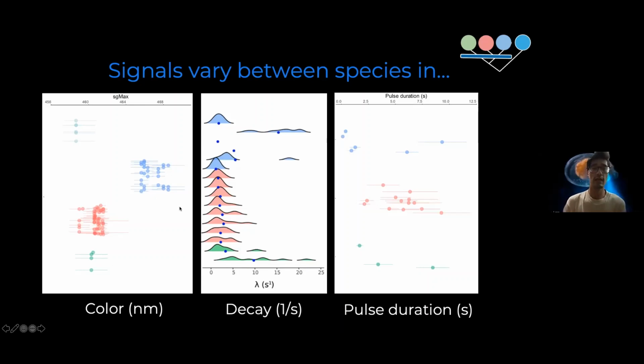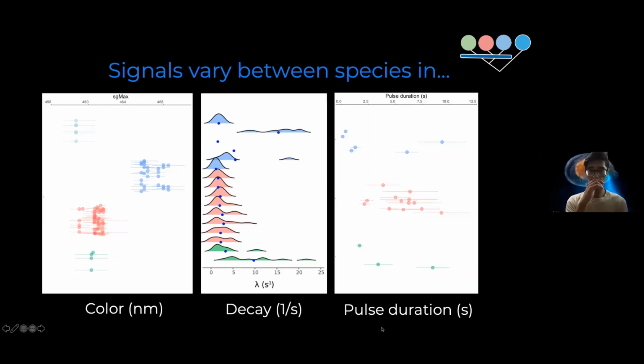We also analyzed the decay rate of light, that is how fast light is produced, in our 2019 paper, and we see that there is a phylogenetic pattern to this as well, at least in the variation amongst the species in how fast light is produced.